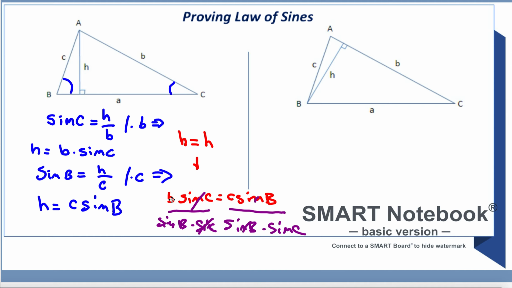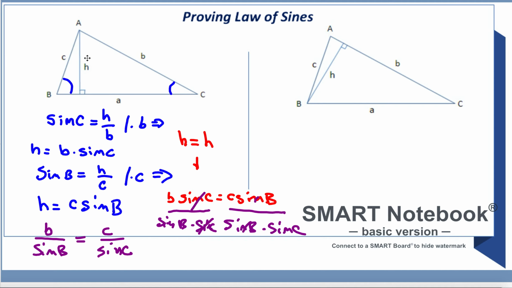What remains here is B divided by sine B. And on the other side remains C divided by sine C. So this is a relationship we can find between sides and sines of angle B and angle C.